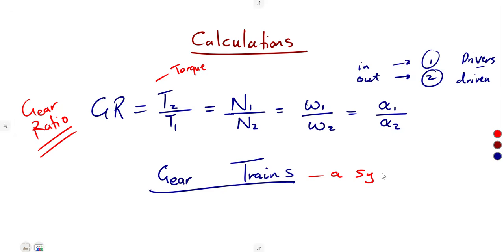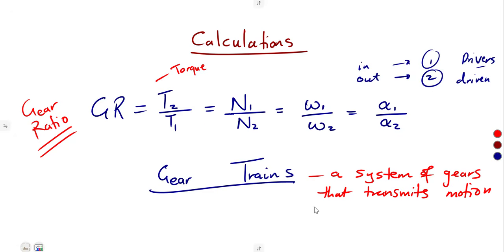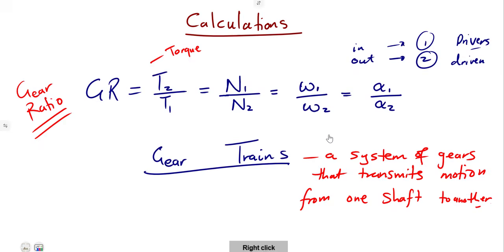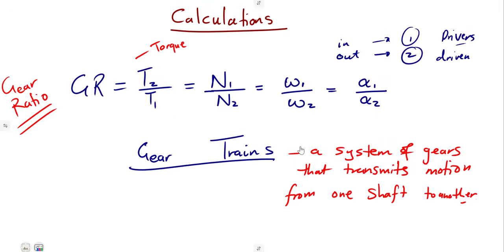A system, simply a system of gears that transmits motion from, take note there, one shaft to another. So that's basically the thing about our gear trains.